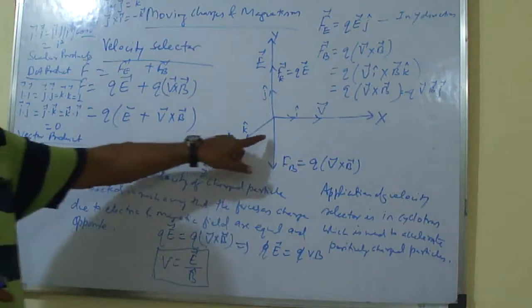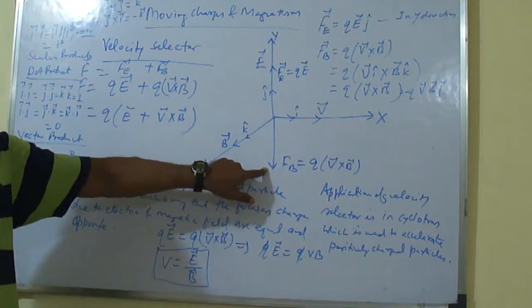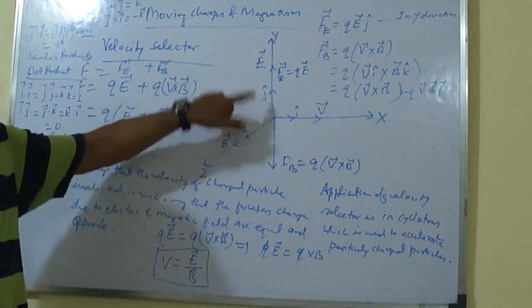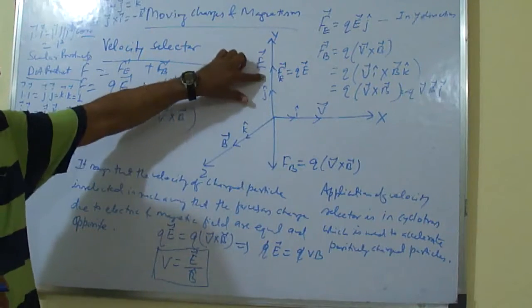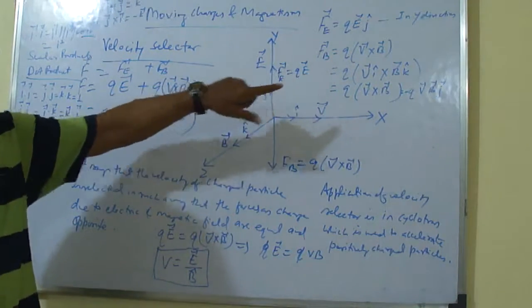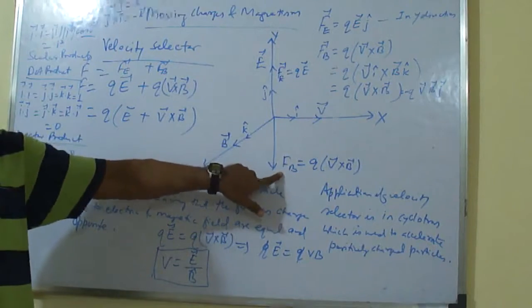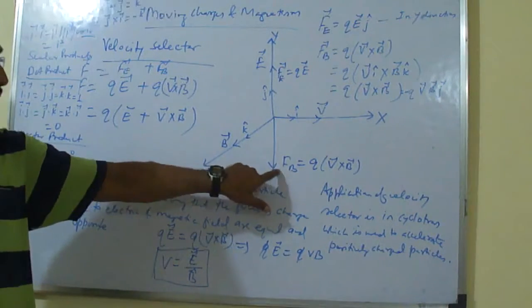That's why this FB, the magnetic force, is in the negative direction of J, negative Y direction.